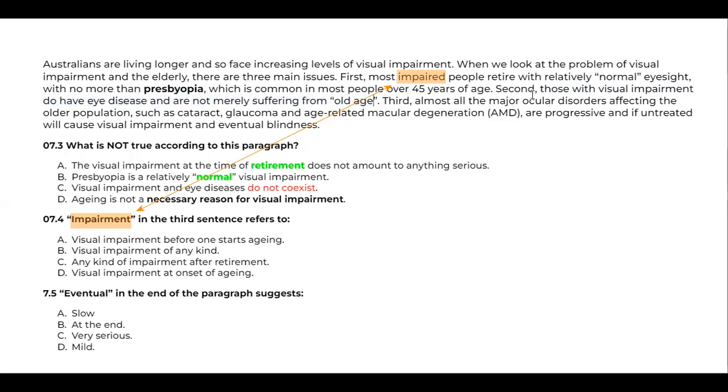So it is not necessary that they should be aged. So even a person at 44 or maybe at the age of 35, at the age of 22 also they can have the eye problems. I mean, visual impairment is possible. So aging is not a necessary reason for visual impairment. That is exactly a correct statement.